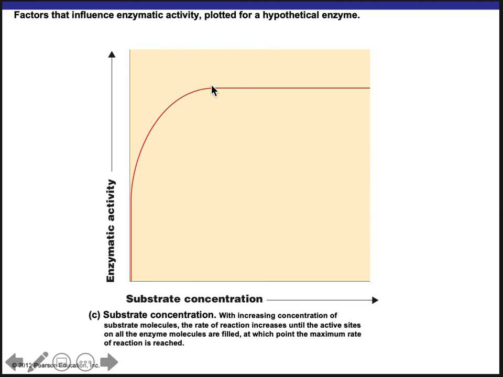And then you reach a saturation point, and it doesn't matter how much more substrate you add, all of the enzyme is busy, okay? So please do not confuse this. A common mistake is that people see a straight line and they think nothing's happening. On the contrary, an amazing amount of things are happening, right? Every single enzyme is working to release product and repeat over and over again as fast as it can. Okay?